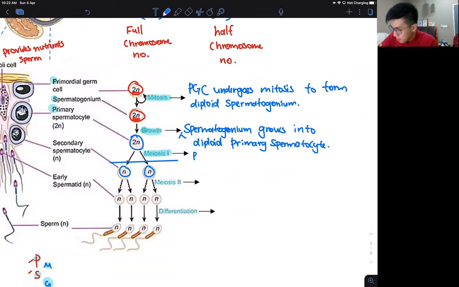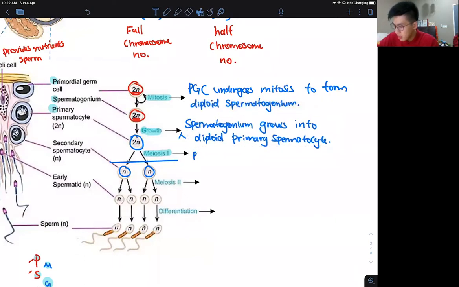So I just continue here. My primary, let me shift this up a bit. Primary spermatocyte undergoes meiosis 1 to form haploid secondary spermatocyte.